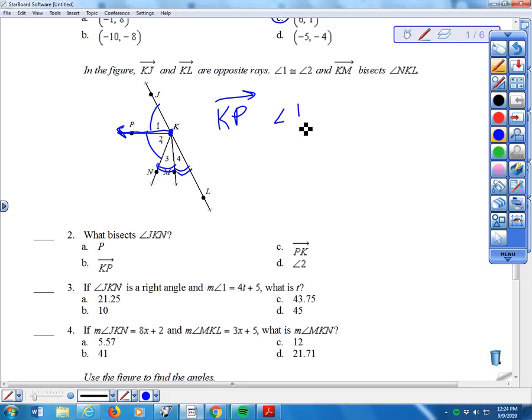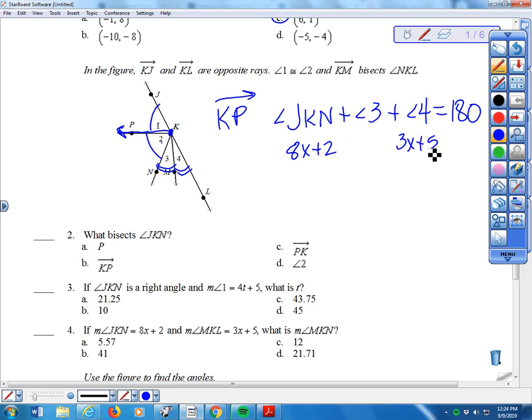So angle JKN plus angle 3 plus angle 4 is a straight line. So all three of those angles have to equal 180. JKN they give me, 8x plus 2. Angle MKL, that's angle 4, and that is 3x plus 5.